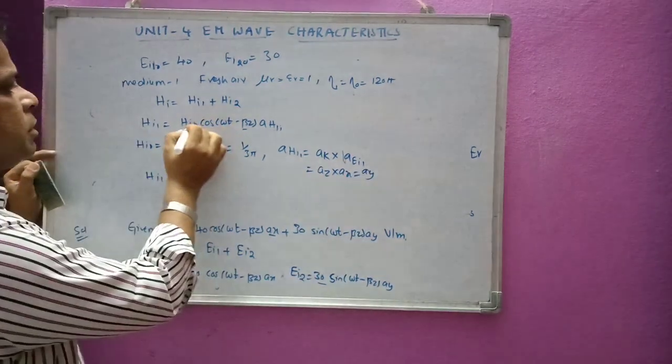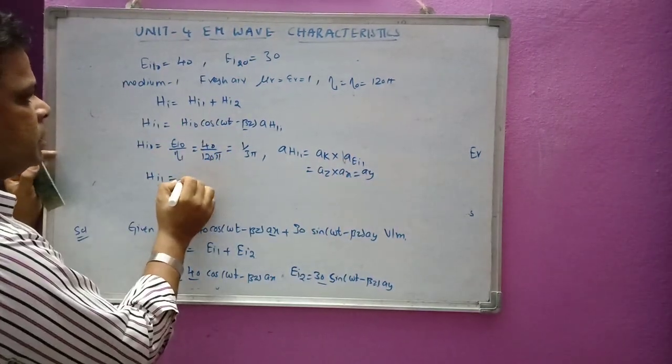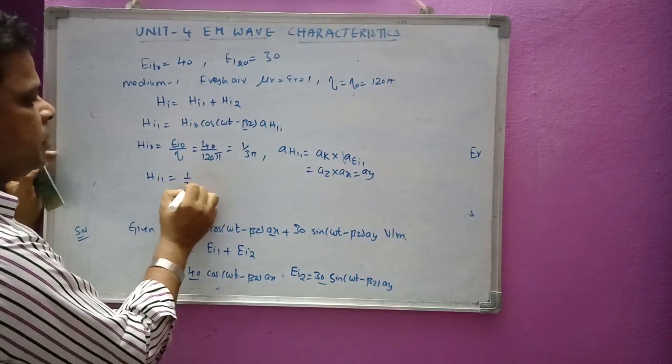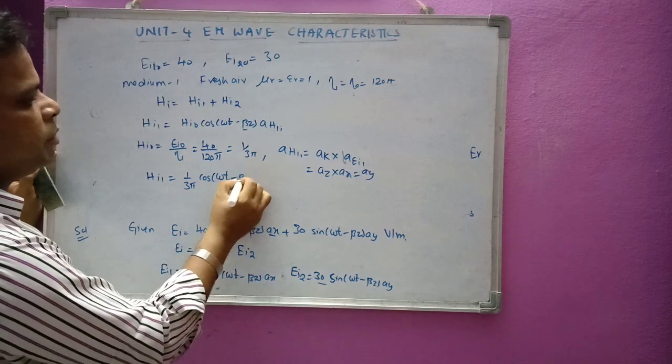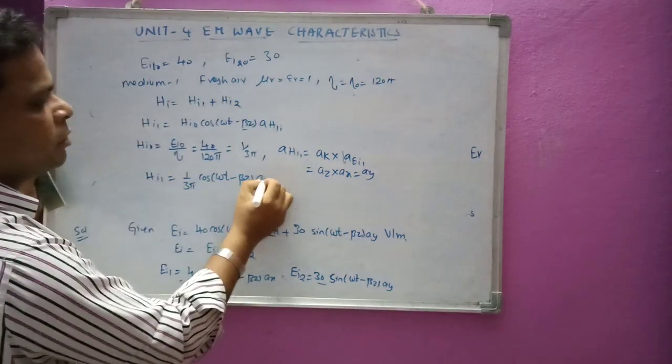Now I can write the complete answer for this one. HI1 is 1 by 3 pi cos of omega t minus beta z into aY.